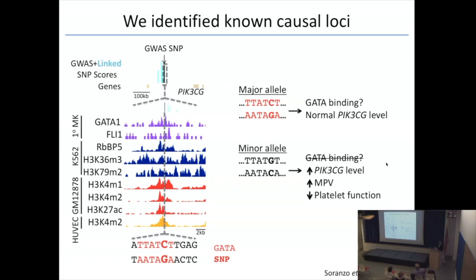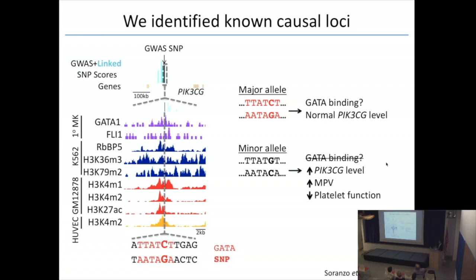So the first one, again, is a story that was already known and was already established. So there's this site here where our score is pretty potent. There are linked sites to this site that are also pretty well associated. It's near a gene called PIK3CG. This gene seems to somehow be biologically related to megakaryopoiesis.